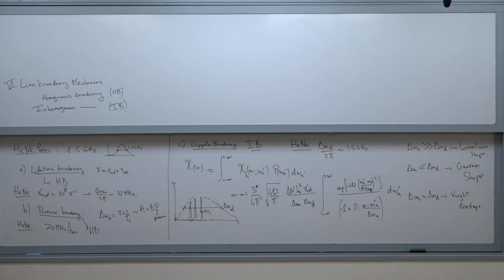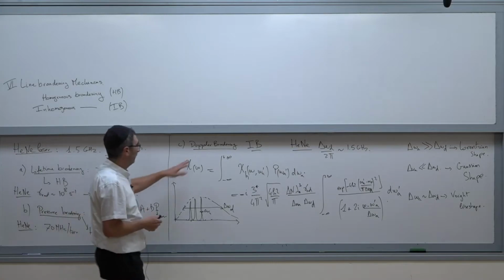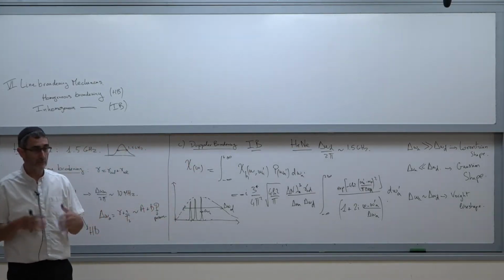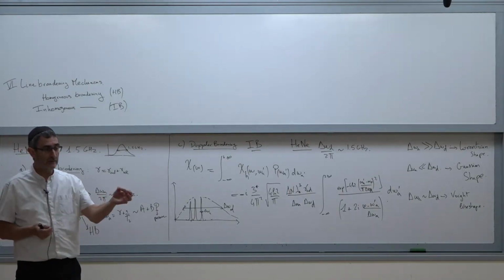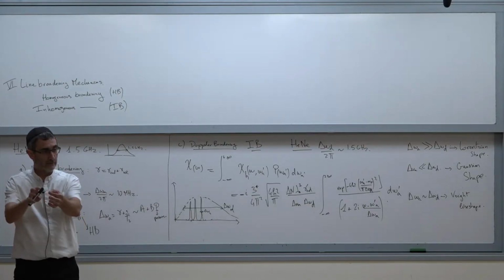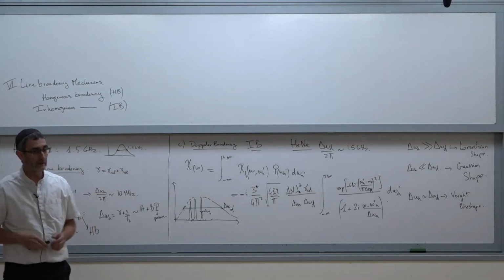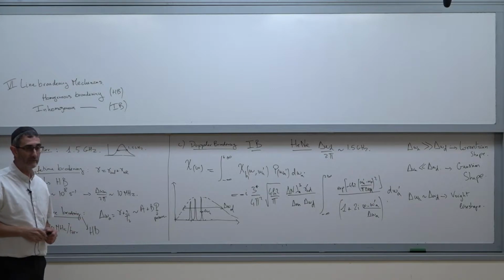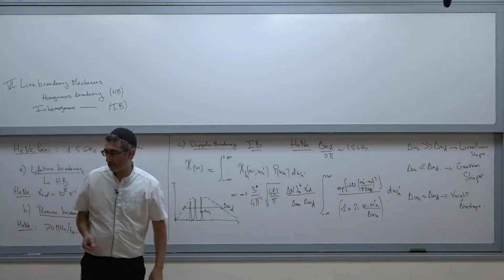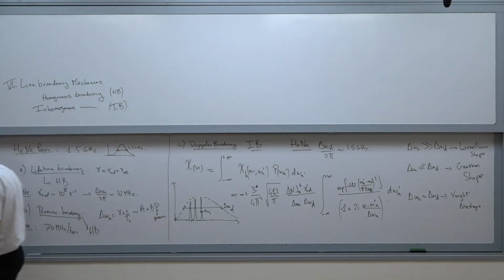So the case where you may have the equivalent of Doppler broadening for a solid is the case where the matrix, the crystal, is not homogeneous. That means that an atom here will feel an environment which is different from an atom here or there. Okay, so all these atoms will not have the same resonant frequency or transition frequency because of the environment. But usually a crystal is something that is quite homogeneous and uniform.